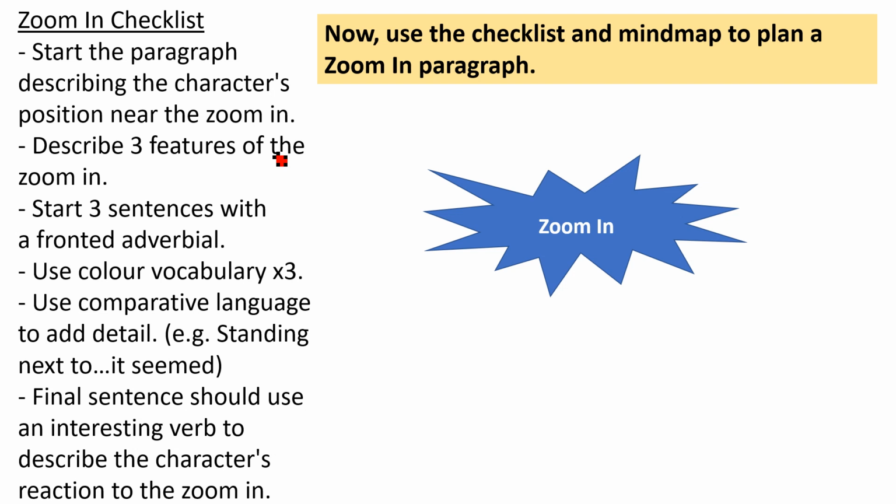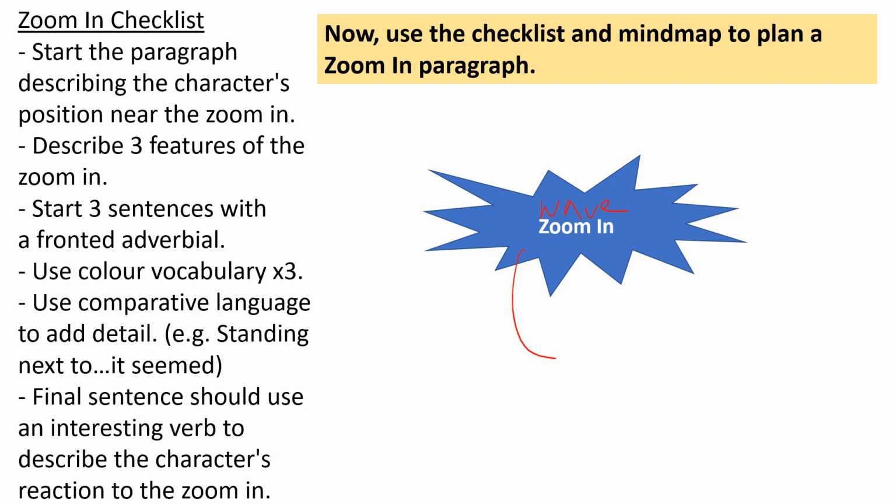and you would do that by going down the checklist and writing an idea next to the mind map again. So let's just do one together. I'm just going to write wave here because that's what I'm describing, so I don't forget that that is the thing that I'm focusing on. And I need to start the paragraph describing the character's position near the zoom in.